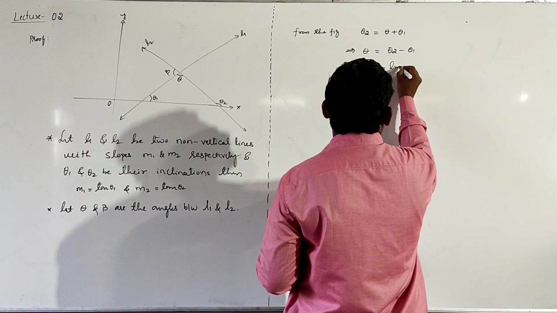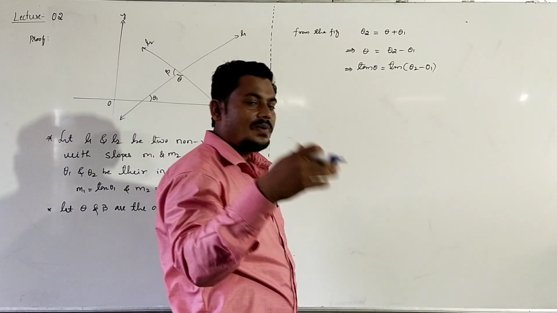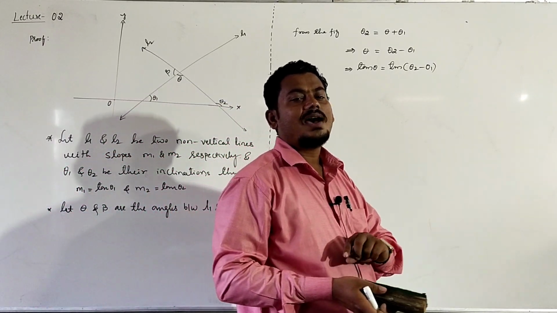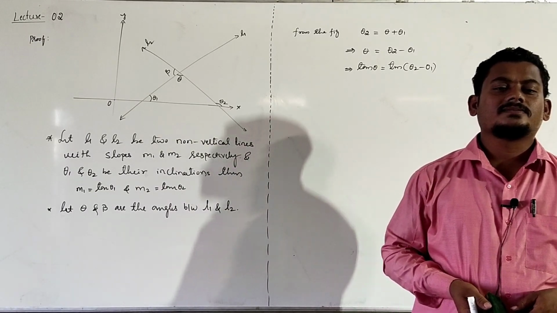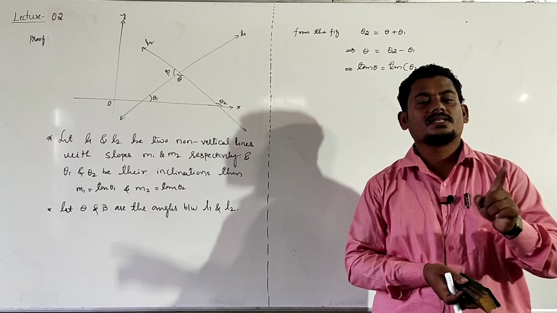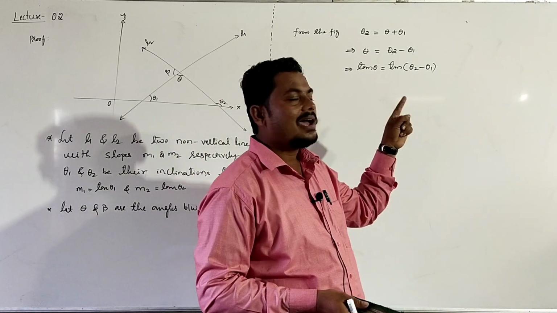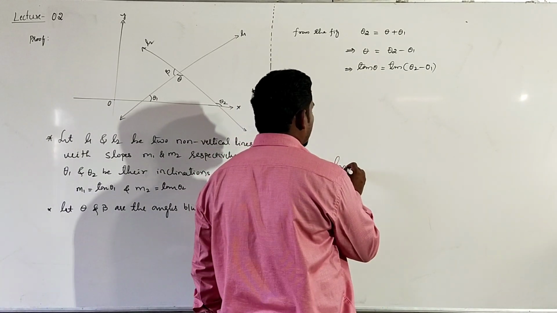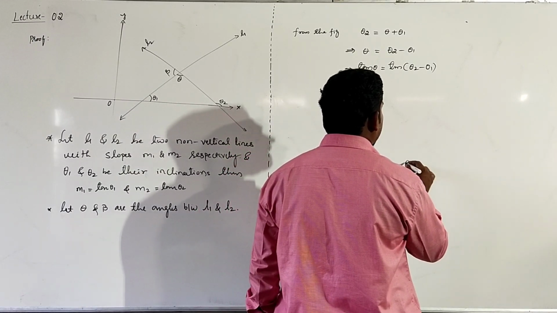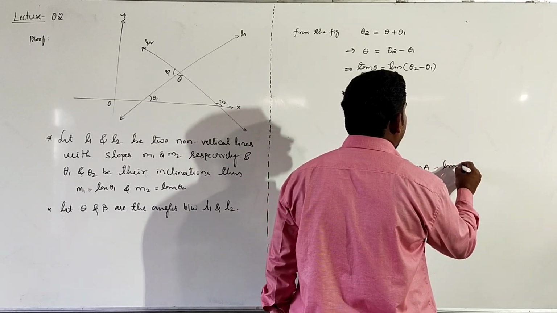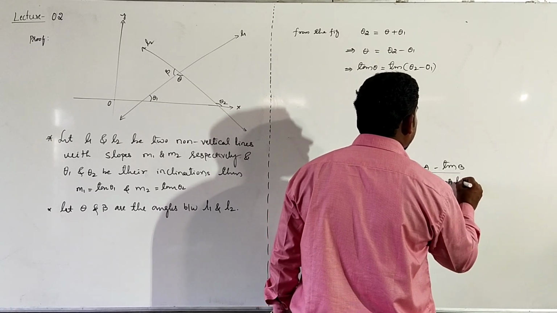Then taking tan on both sides, tan of theta 2 minus theta 1. Already you know the formula of tan of a minus b from compound angles in trigonometry. Tan of a minus b is equal to tan a minus tan b divided by 1 plus tan a into tan b.